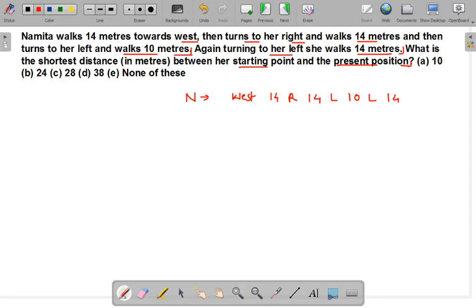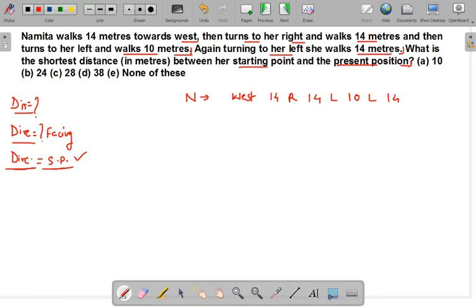Now you have to find out the distance. The question is not asking, but we will find out the direction she is facing, and we will also find out the direction with respect to the starting point. These are the three questions you will be asked: the distance, the direction she is facing, or the direction with respect to the starting point.